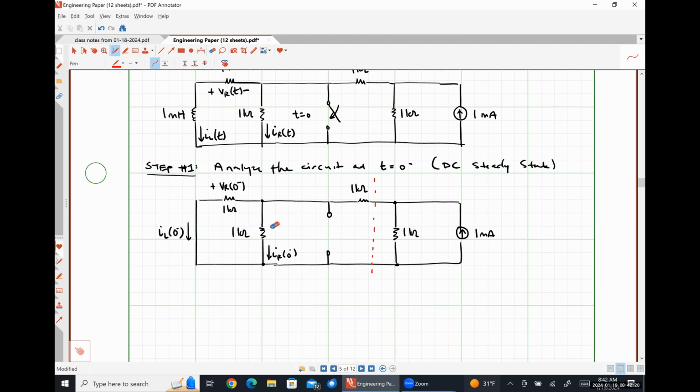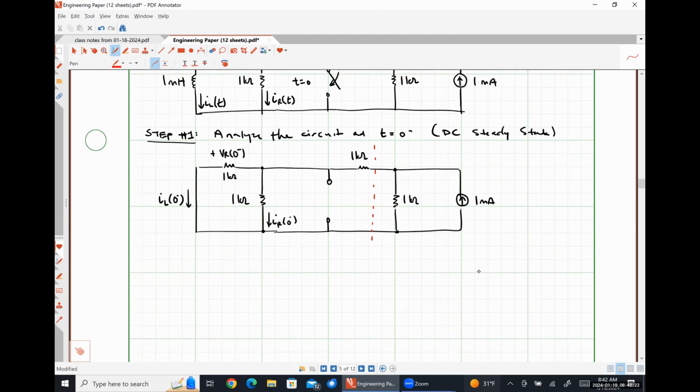So just redrawing things right here for simplicity's sake. Here's the REQ we're going to have to figure out. I'm putting a prime notation here just to remind me that this might not be the equivalent resistance in my inductor current equation.